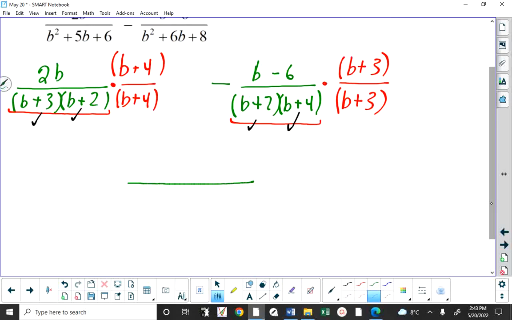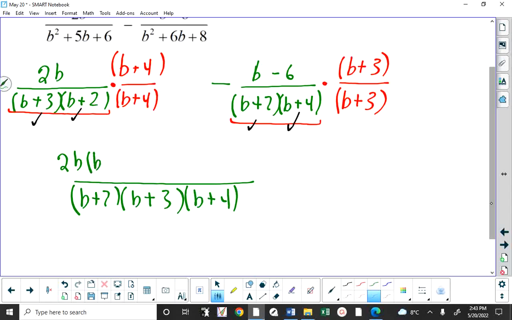So now I have the entire thing over b plus 2, b plus 3, b plus 4. The order in which you write these three factors doesn't matter at all. I also have 2b times b plus 4 minus b minus 6 times b plus 3.